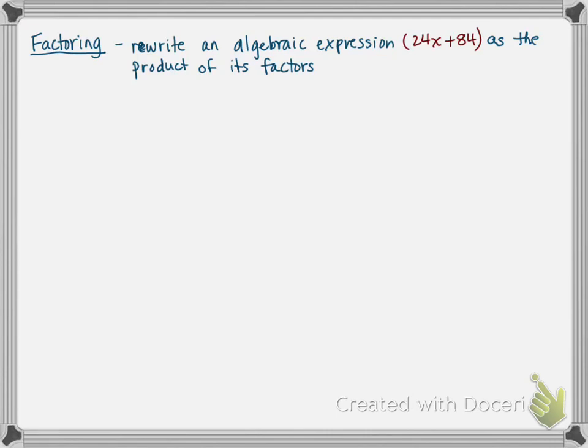It would go back to what we had originally. They both have a 12 in common, and that's going to leave behind a 2x plus a 7. So that is what factoring is. If I boil it down to its pieces, it's the GCF, greatest common factor, times the remaining expression. And what I mean by remaining is I've divided out the GCF from each of those terms inside.